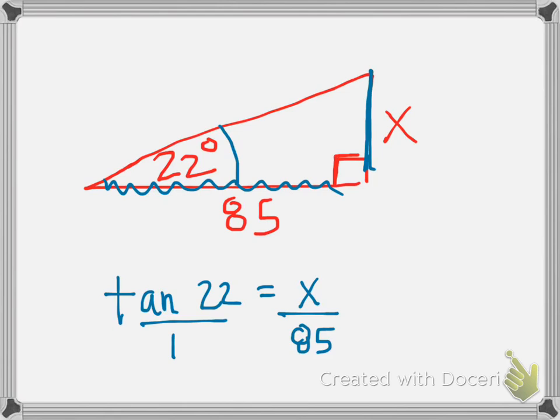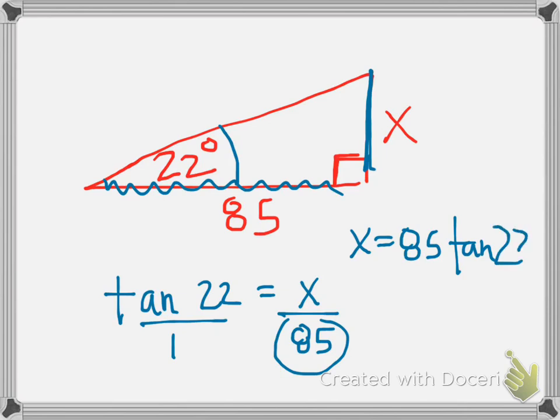So then I cross multiply, and when I cross multiply, I do it like this. 1 times x is x equals, and then I always put this out in front. So I write it like this, 85 tan 22. I put all that in my calculator, just like that. 85 times tangent 22, and voila, an answer. 34.3422.